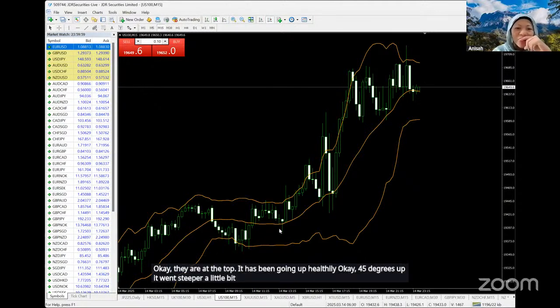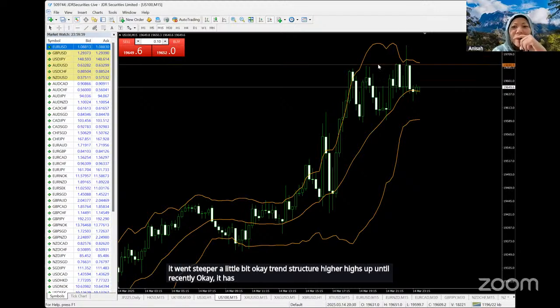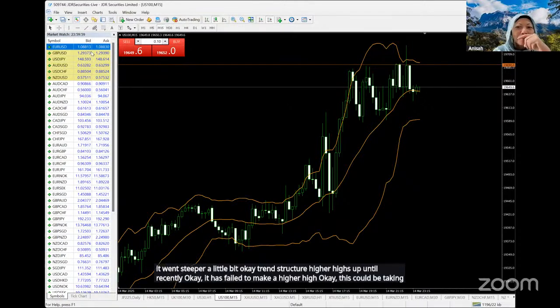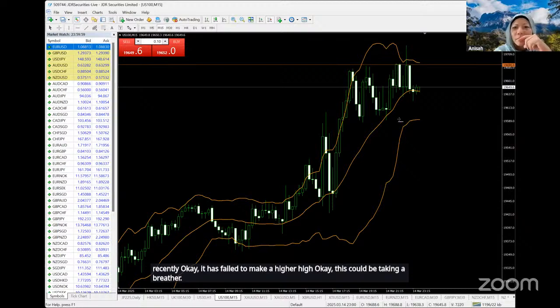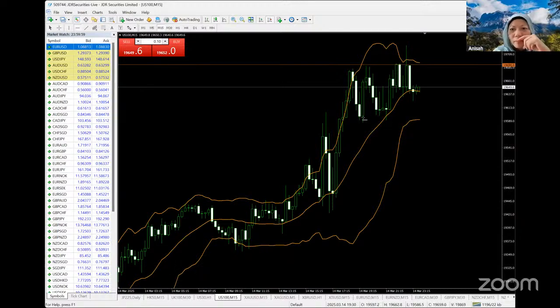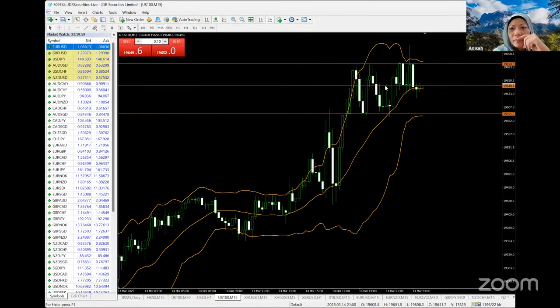The trend structure is higher highs until recently, but it has failed to make a higher high. This could be taking a breather, so we'll see the next.